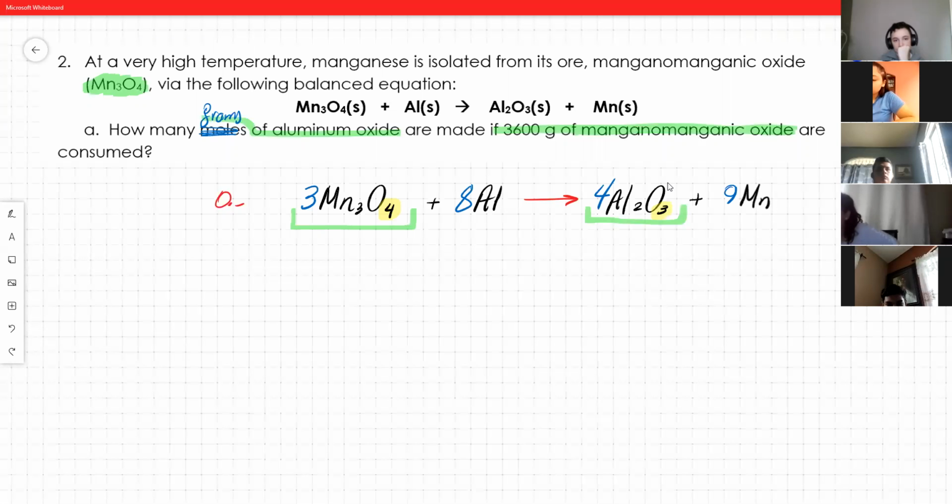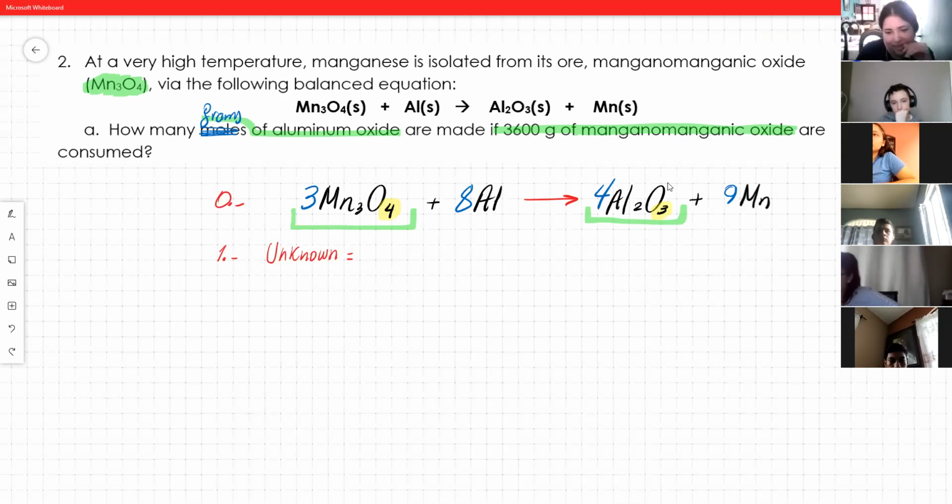So, in the first step, now I write the known and the unknown. The unknown is what the problem is asking me to find. It says how many grams of aluminum oxide. So the unknown is for me the mass of aluminum oxide, like that. That's what I need to know.